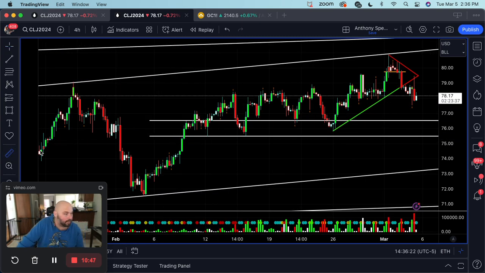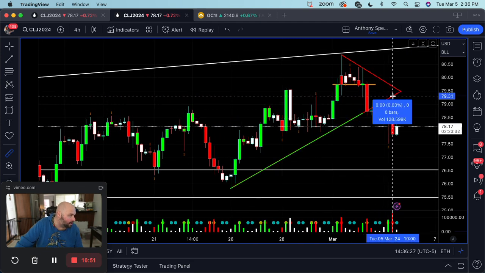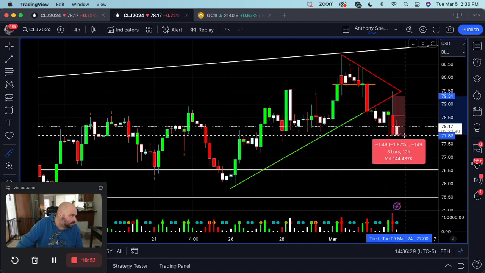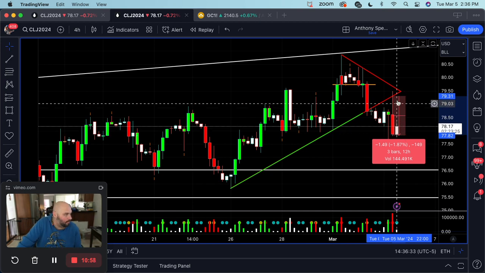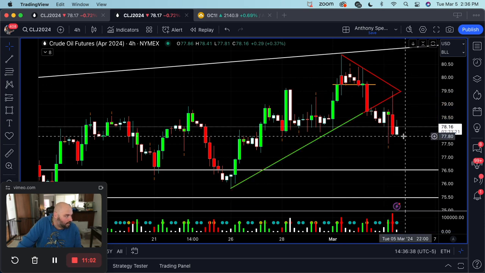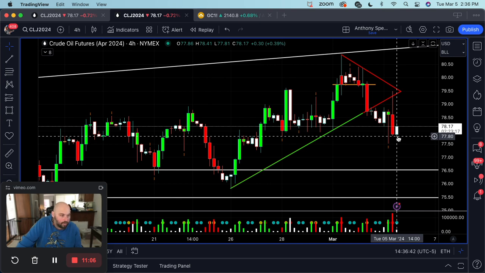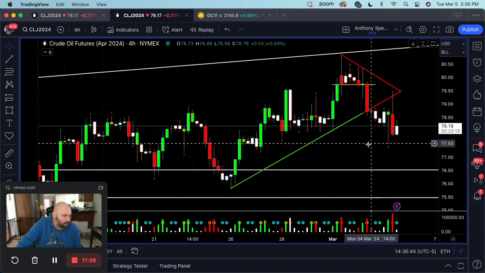Let me grab the ruler here. All right. I mean, here is where we tested. And this is as low as we've come since then. It's 150 ticks. Okay? From this test to the low that we've come to since this test, it's 150 ticks.